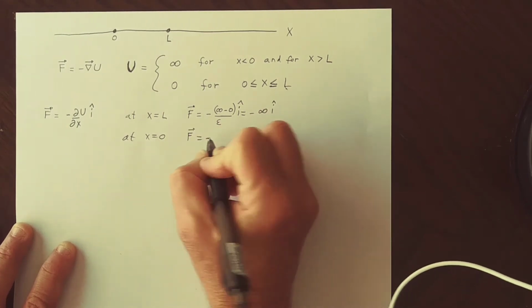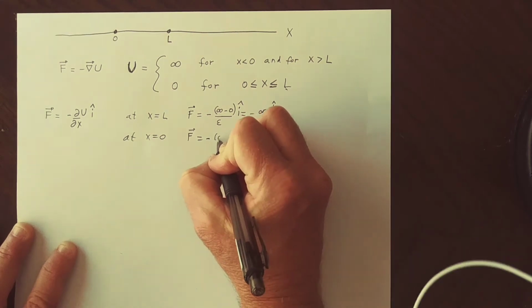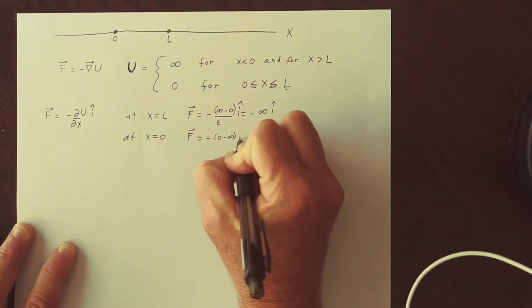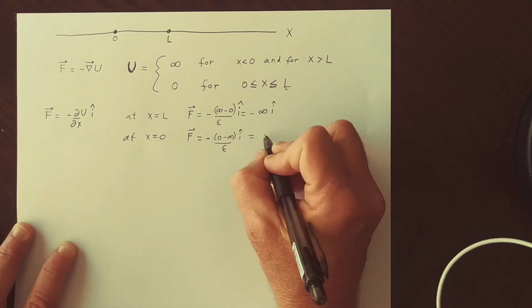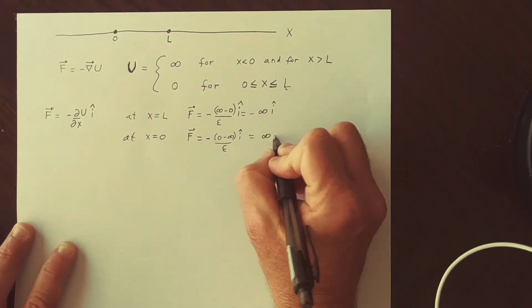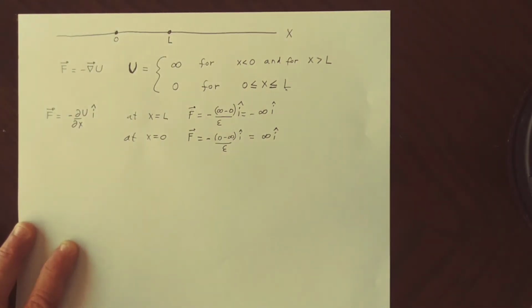We have minus, it's now 0 as the potential at x equals 0, and just to the left of that, we have infinity. And so when we divide that by epsilon, we get a minus times a minus, that's a plus infinity. And so there's an infinite force pushing the particle to the right as it approaches x equals 0.